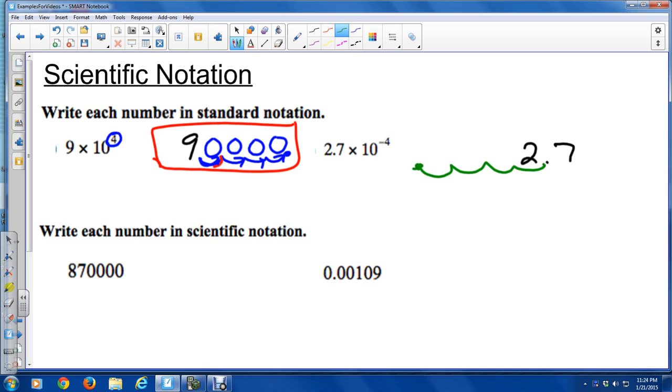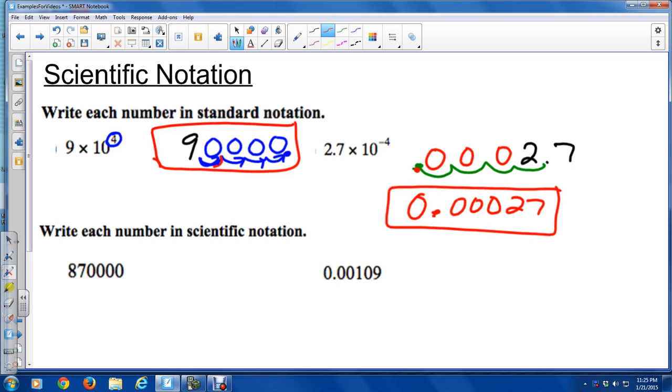That's going to become my new decimal place, and I put in zeros wherever I just created empty holes. So there's going to be a 0, and a 0, giving me the actual number 0.00027. There is no decimal anymore between the 2 and the 7. Most people like to put a 0 at the beginning just to indicate that there is no whole number. I think that's the clearest way to represent that.